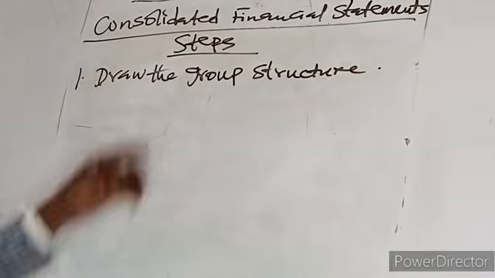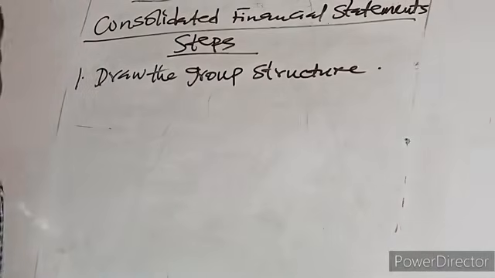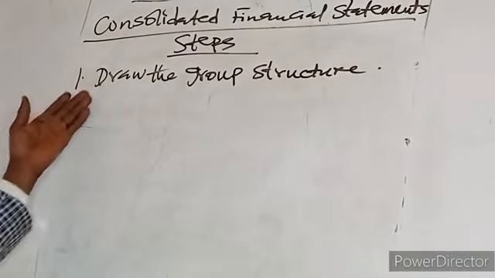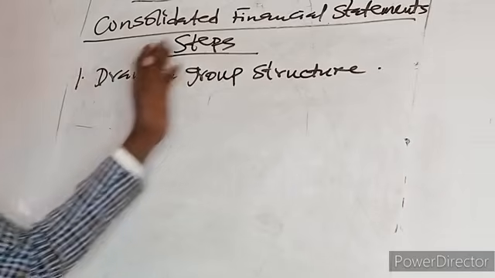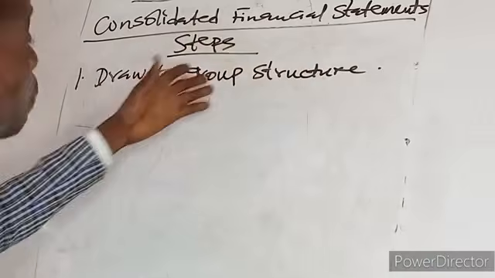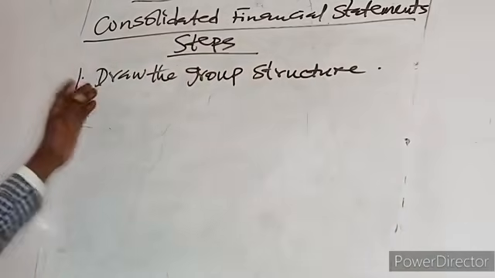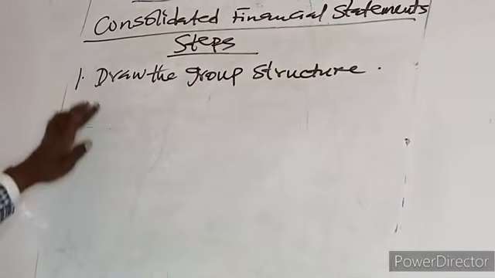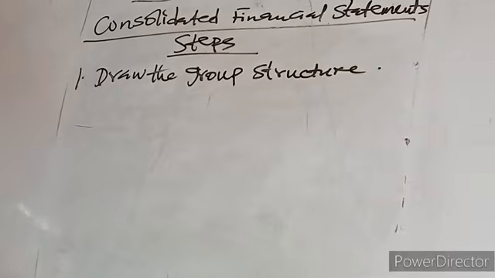Group structure explains the relationship between the members of the group, whether it is a simple group structure, that is, one parent and one subsidiary, or one parent, one subsidiary and an associate, or where you have fellow subsidiaries, or sub-subsidiaries, or a D-shape or mixed group. We'll be considering each of these one after the other.